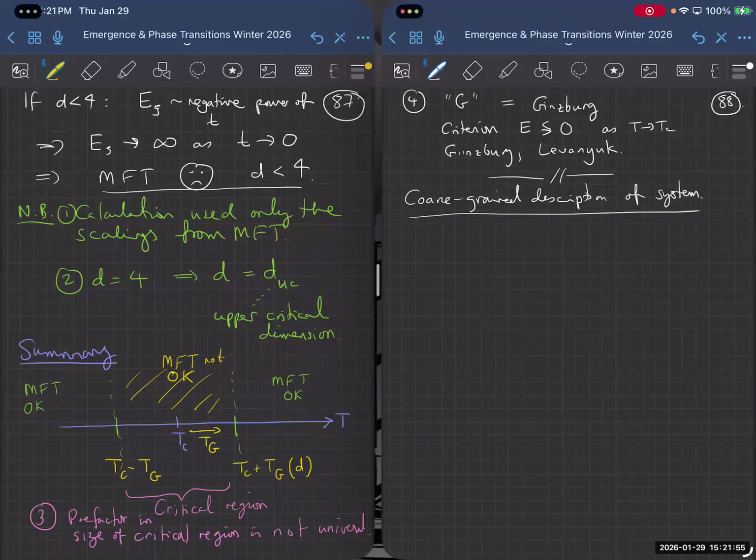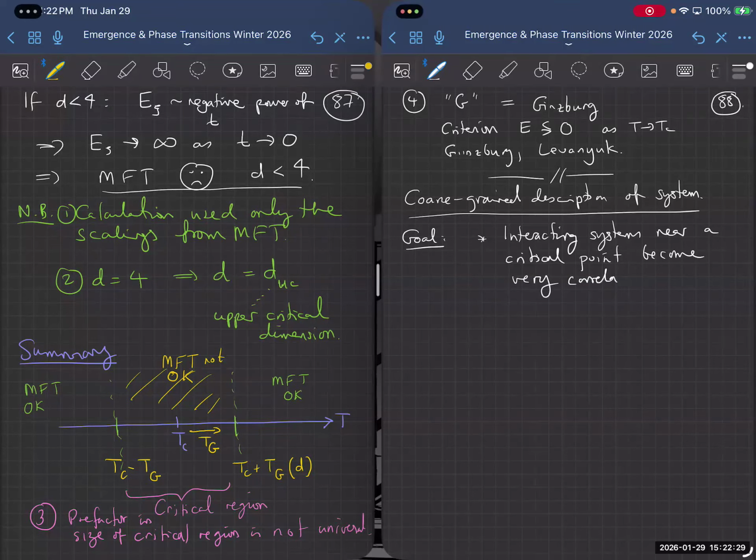Okay, so let me talk about the motivation for this section. So what we just saw was that interacting systems near a critical point become very correlated.